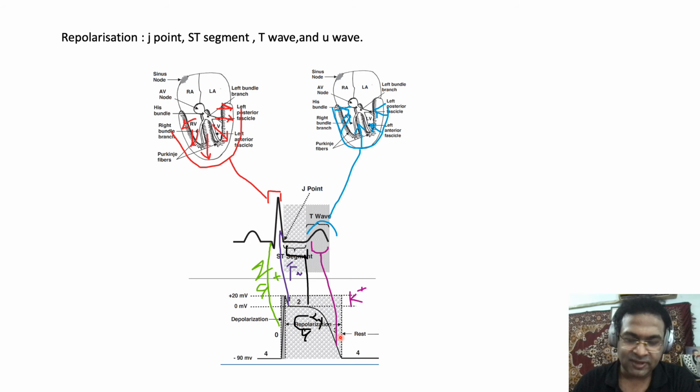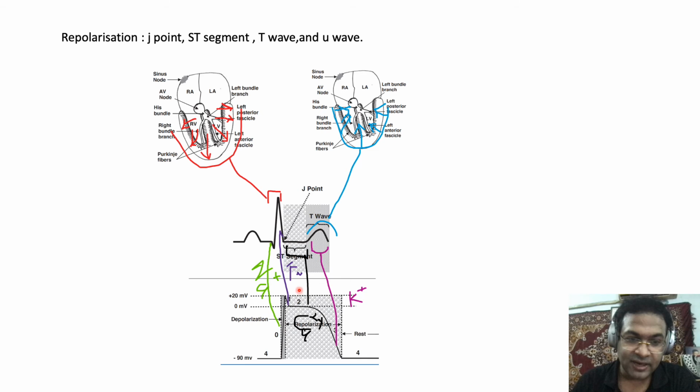That was phase 3. This same thing happens in the ECG as well. Phase 0 is responsible for the rapid upstroke in the QRS. The phase 1, which is due to transient potassium channels, is responsible for the J point. J point is nothing but the point where the end of QRS meets the isoelectric ST segment.